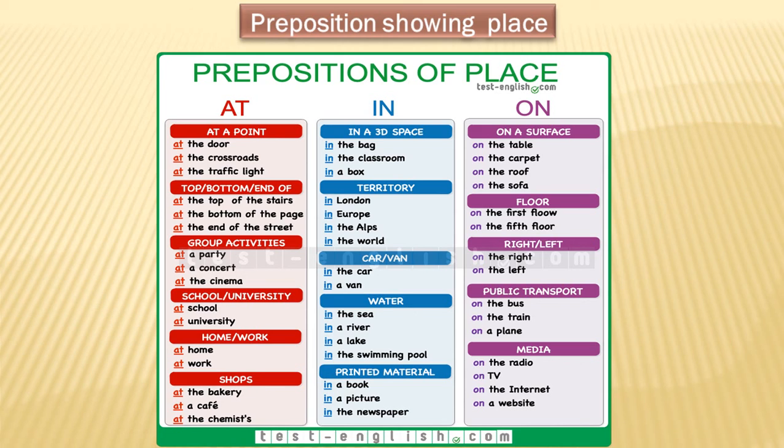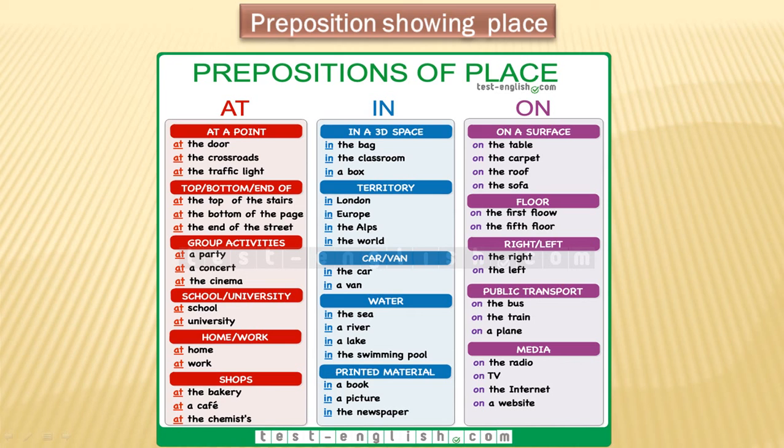In a 3D space. In a 3D space means in the bag, three dimensions. In the classroom, in a box. At first I am telling about at a point. Top, bottom, end of: at the top of the stair, at the bottom of the page, at the end of the street.